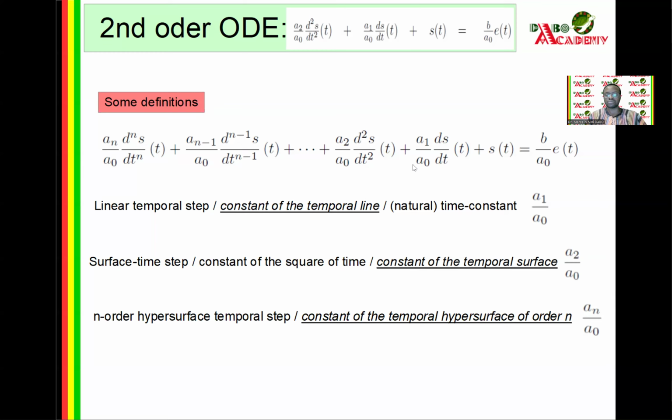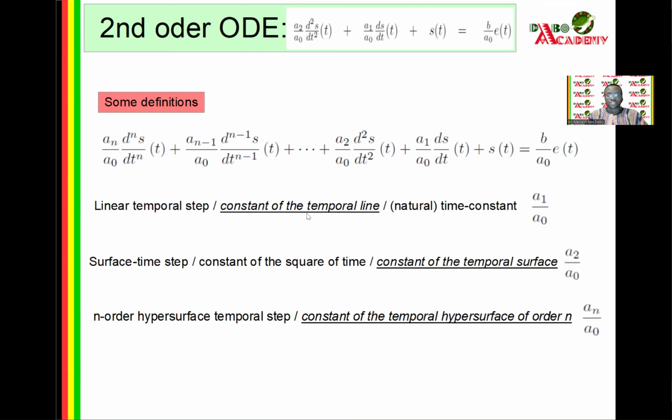And when the system is moving, every position that the system can reach, it reaches after a multiple of the time constant for a first order system, okay? And I call it also the constant of the temporal line. Why? Because it is multiplying this expression here. In terms of units, they simplify each other.